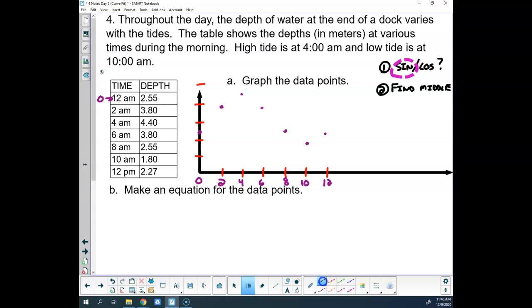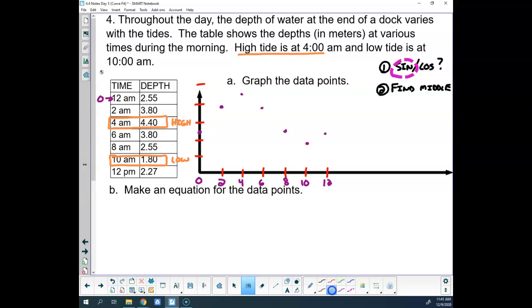So it appears that 4 a.m. is the high. Okay, because it said right here, high tide is at 4 a.m. And 10 a.m. is the low tide.